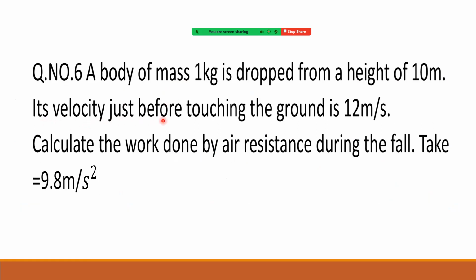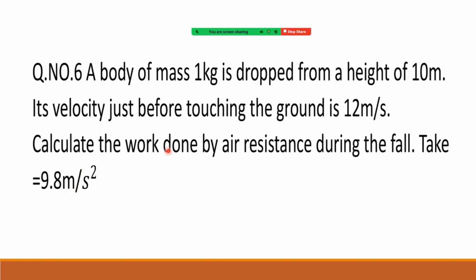Its velocity just before touching the ground is 12 meter per second. Calculate the work done by air resistance during the fall. Take g value as 9.8 meter per second square.